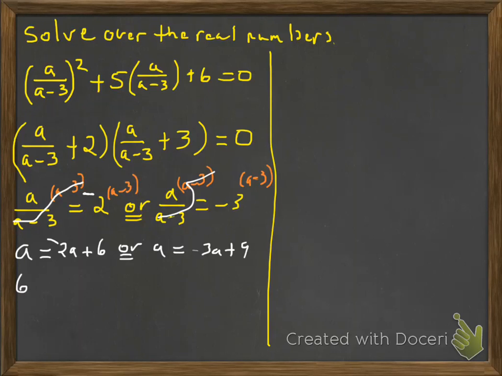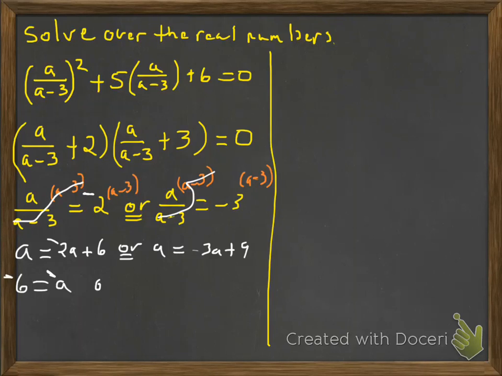Okay. Now for this equation here on the left, we're going to go ahead and subtract 6 and then add a. So we're going to move the 6 over to the left, and then we're going to add a here. But we don't have to quite do it this way. You could have done it by adding 2a to both sides.